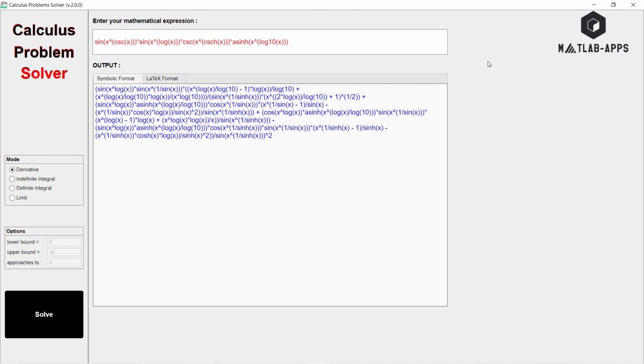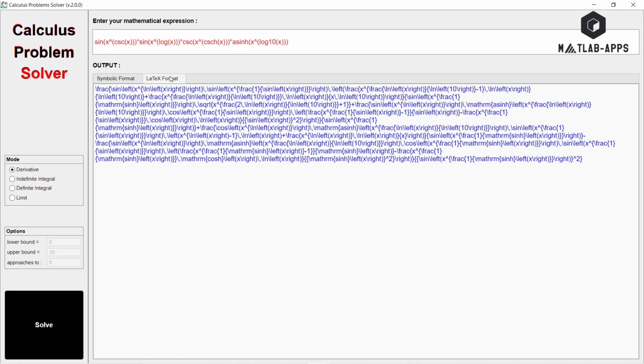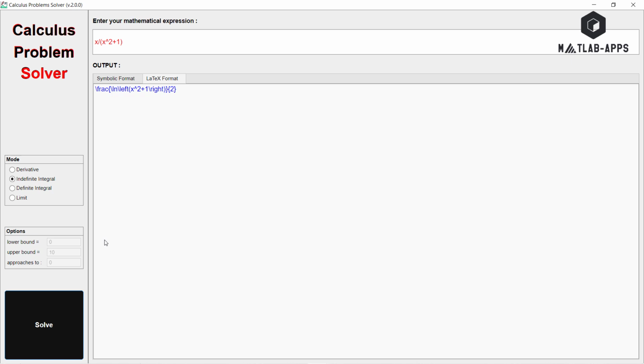And this is our application. You can see it here. Also, let's write, for example, any simple equation. For example, x divided by x squared plus 1. Okay, and let's find the indefinite integral. So it will be this one or this one.